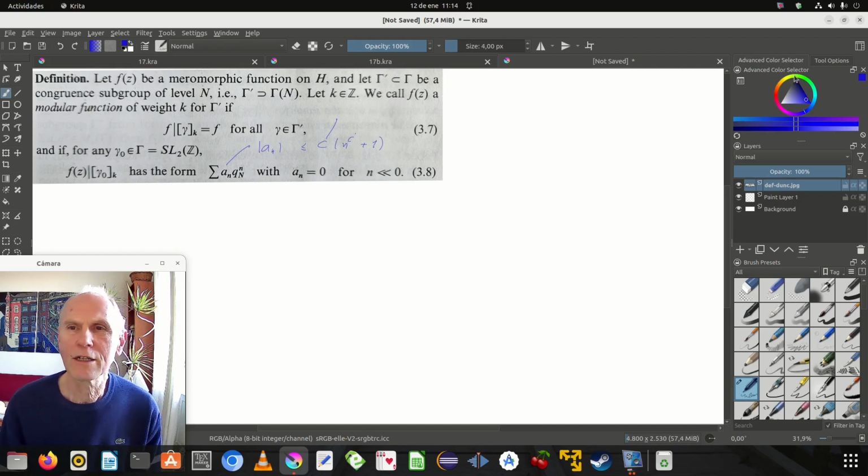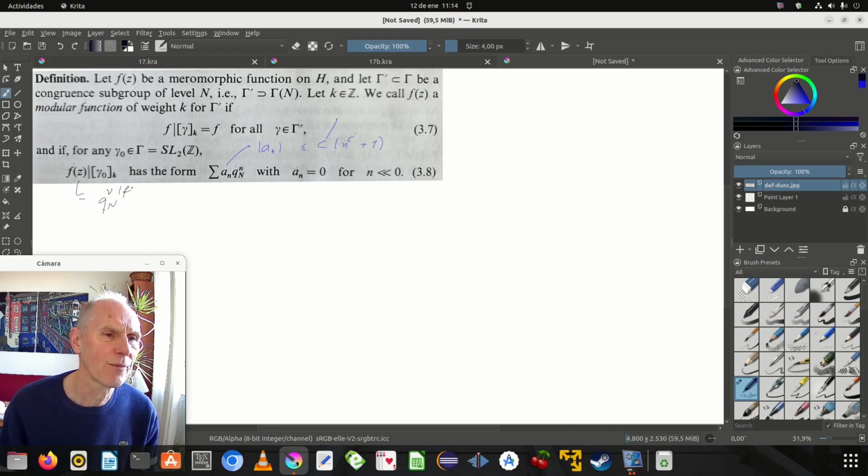If that's the case, then we can write this as Qn, the lowest term that occurs, V of f at that point, times 1 plus some number Qn plus some number Qn squared, etc.